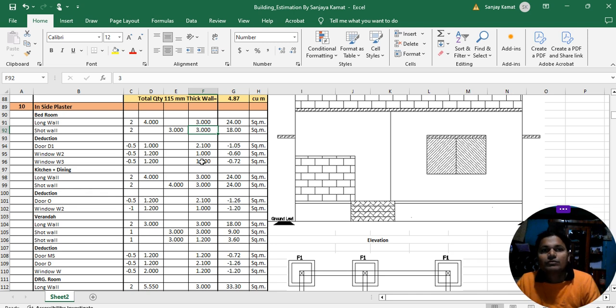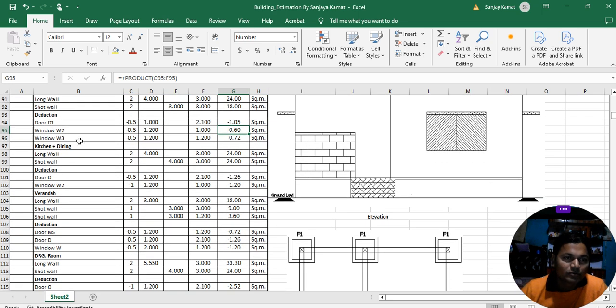So this is 1 meter. After doing the calculation, you will get minus 0.60 square meter.